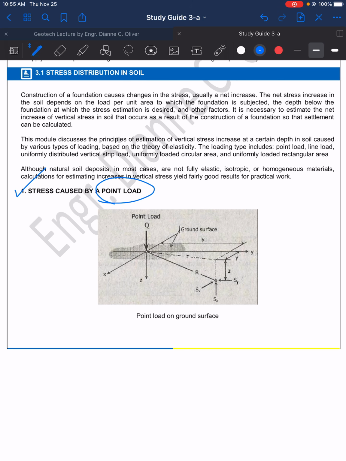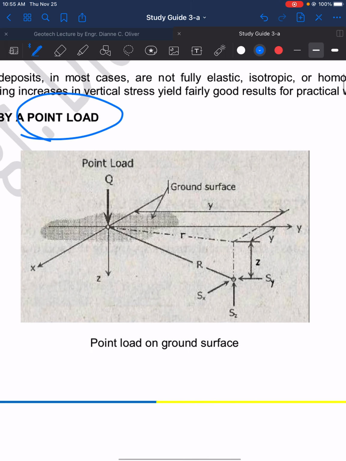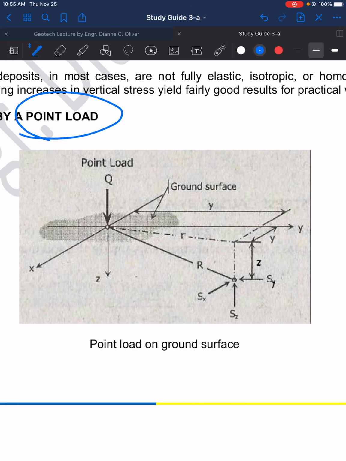Look at this figure. In this figure, the ground surface is subjected to a point load Q, and we are to compute for the vertical stress increase at a certain depth.